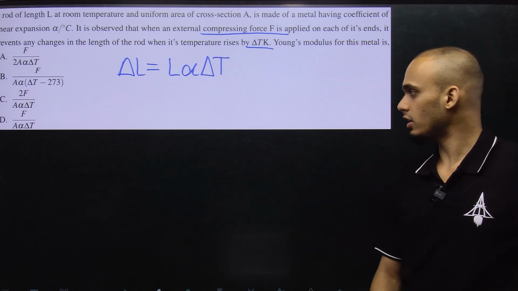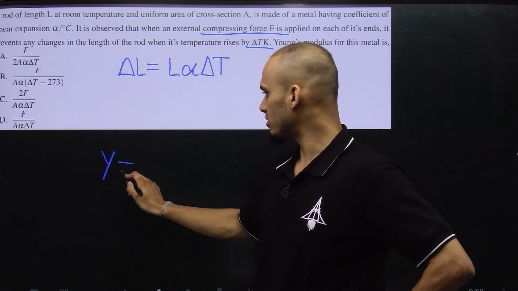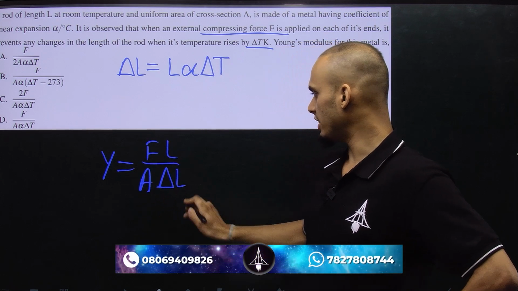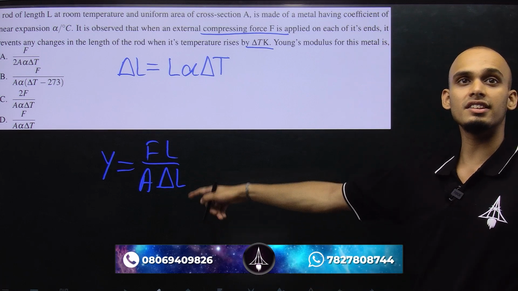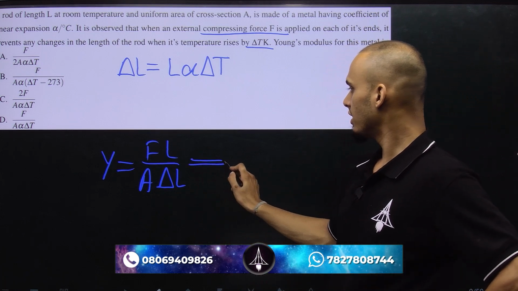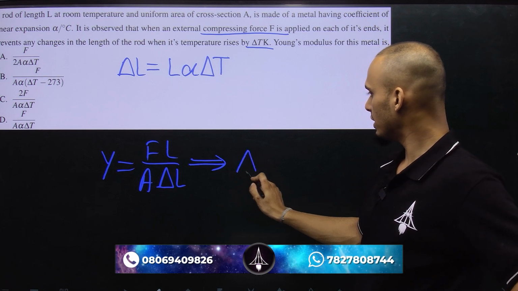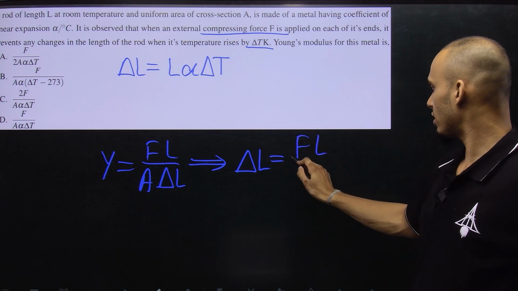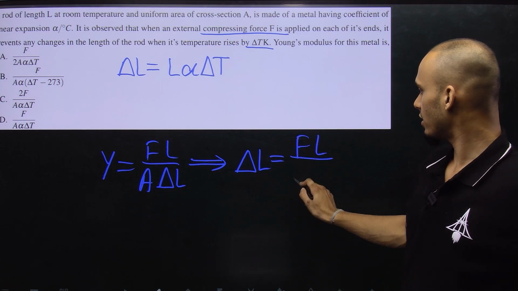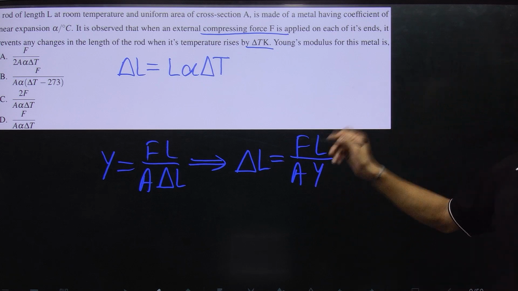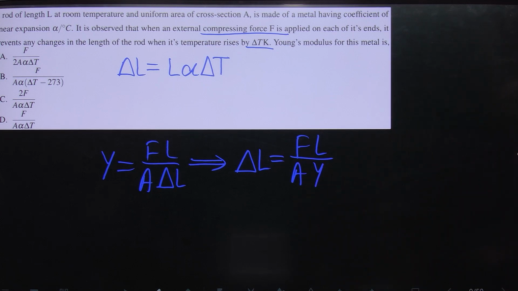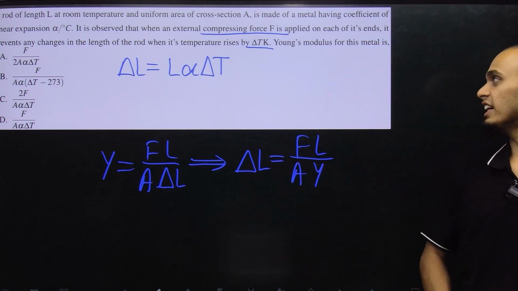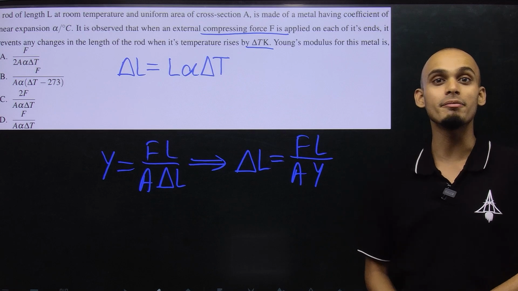Now, if we use the expression for Young's modulus, we have Y is equal to force into length upon cross-section area into change in length. So, for this delta L amount of change in length, we require a force such that delta L is equal to force into length upon area into Young's modulus Y. Now, all we need to do is ensure that this change in length that is obtained by application of this force is equal to the change in length that is obtained by heating the rod.